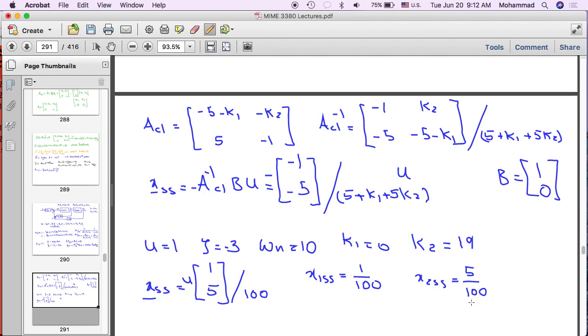And look at your simulation one more time, please. Do you see 0.01 and 0.05 as the steady state values for x1 and x2? Right there on the plot, the yellow and the blue.